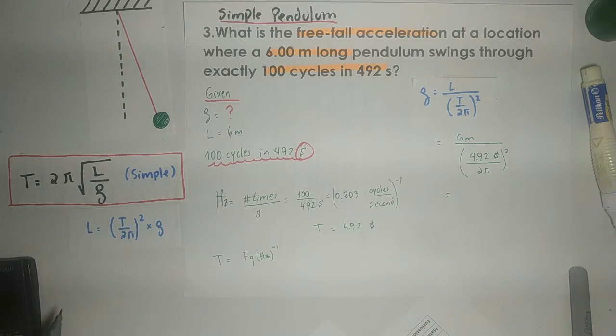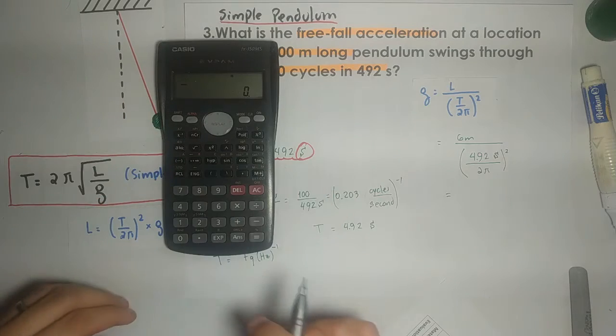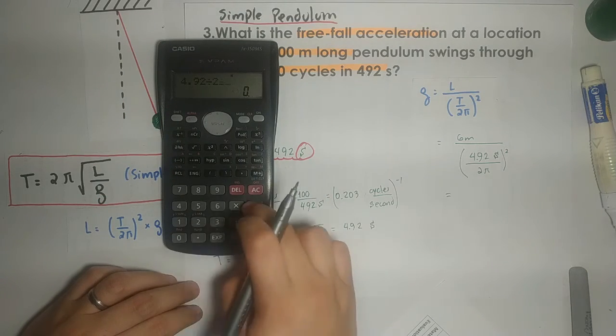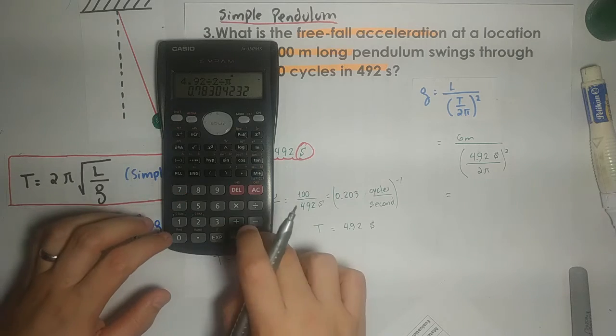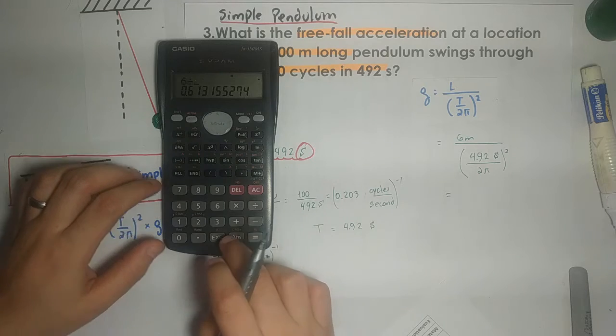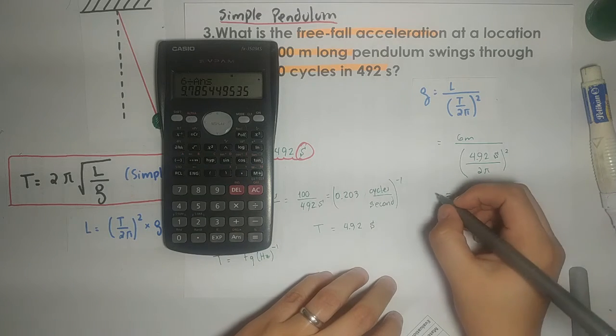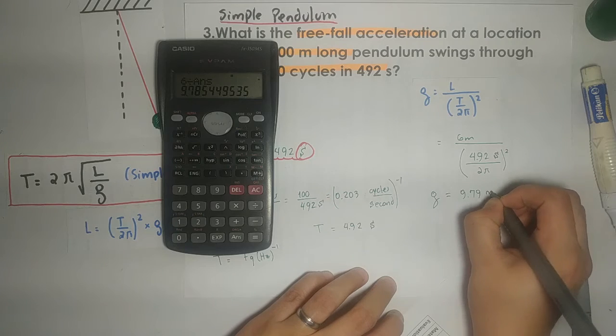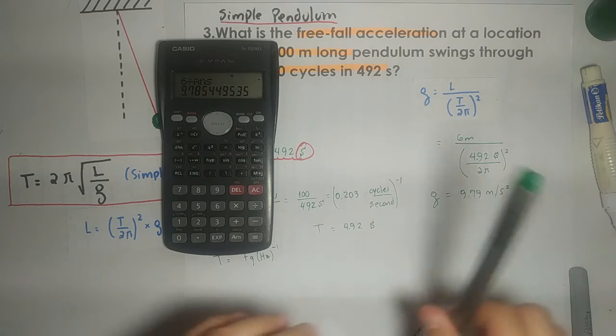So how do we do this? 4.92 divided by 2 divided by pi raised to the second power. Now 6 divided by your answer, gravity, equals 9.79 meters per second squared.